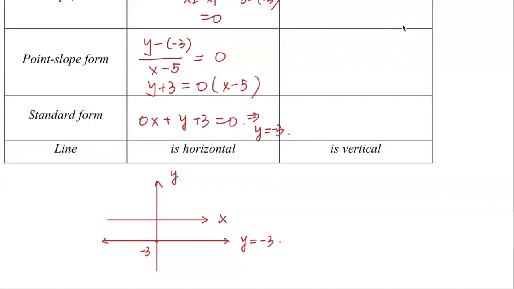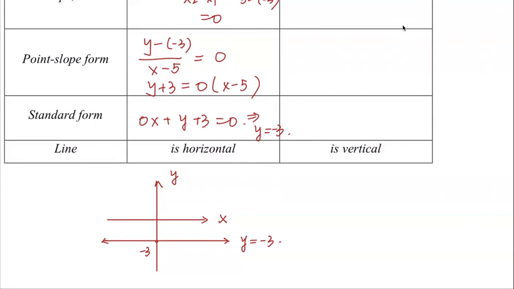So for example, this point is 0, minus 3. This one is 1, minus 3. This one, 2, minus 3. Minus 5, minus 3. So all the points on this straight line have the same y coordinate, but different x coordinates. And that is called a horizontal line.